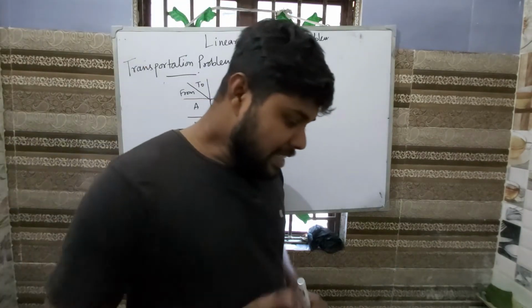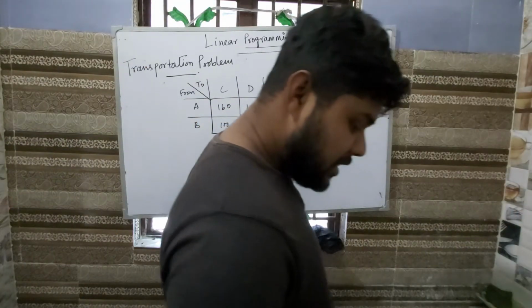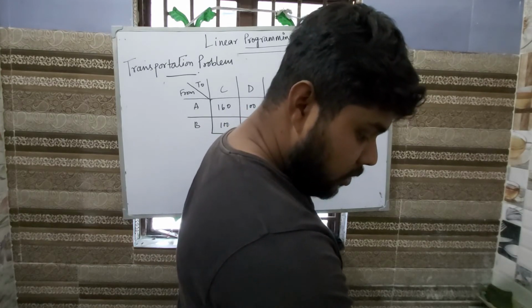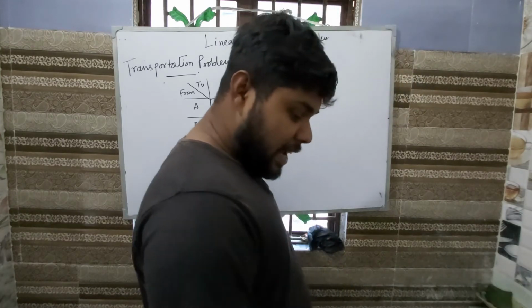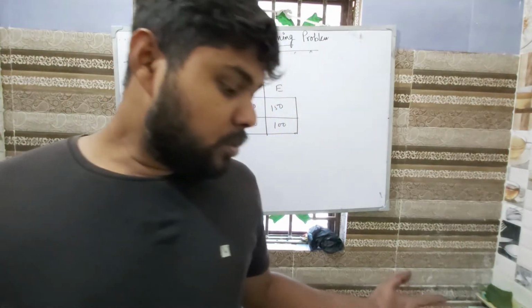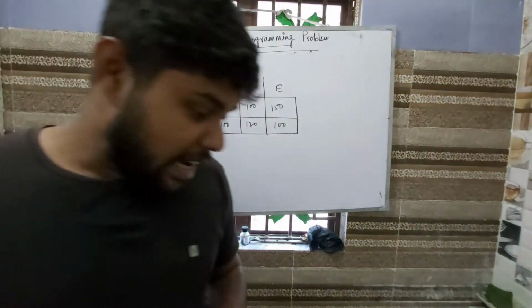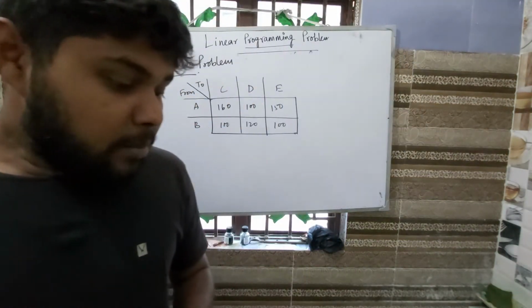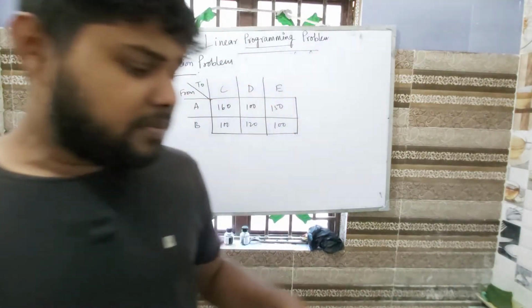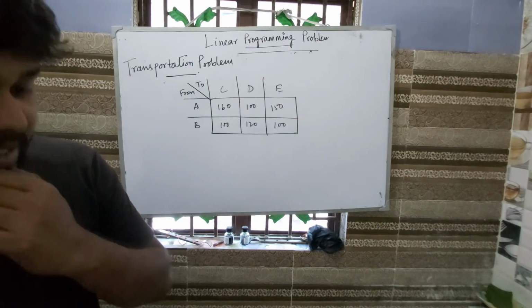Now let us just read it once first. It is given that from the two factories A and B, the commodities are to be delivered to the depots C, D and E. The requirements of the depots are 5, 5 and 4 and the capacities of the factories are 8 and 6.